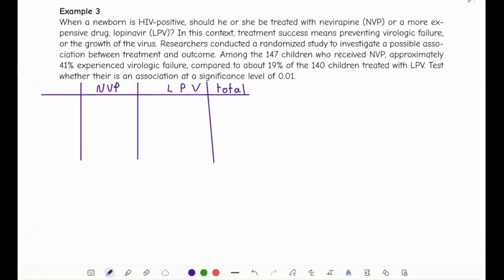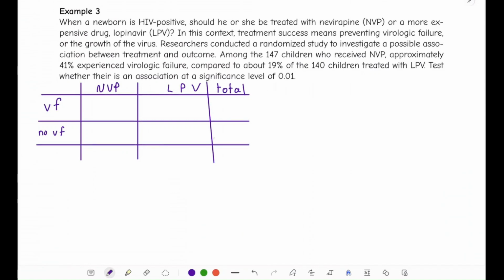And then we have VF for the virologic failure and no VF. And then we have the total as well. So 147 received NVP, 140 received LPV. So that means our total was 287.